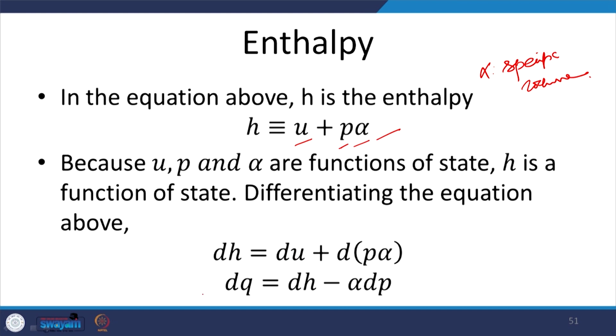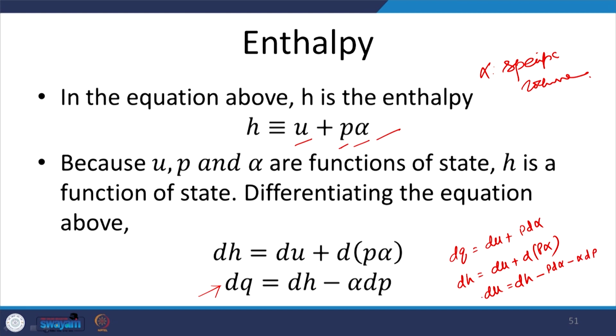So, you can write the heat that is supplied. dq is dU plus P d alpha, and dH is dU plus d of P alpha. So, dU is equal to dH minus P d alpha minus alpha dP, right.